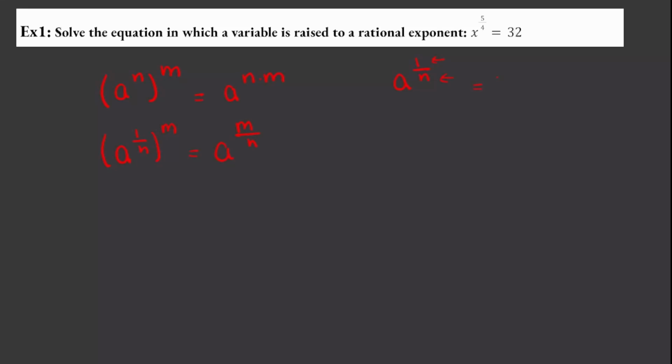This can be rewritten as the nth radical of a. For example, a to the 1/2 is the same as the square root of a. a to the 1/3 is the cube root of a. a to the 1/5 is the 5th root of a.